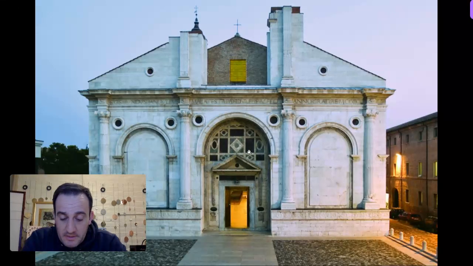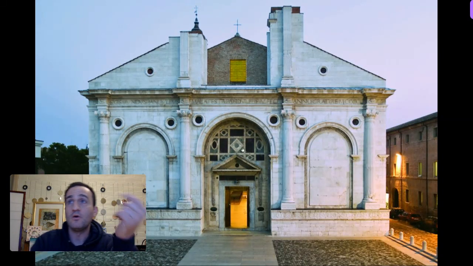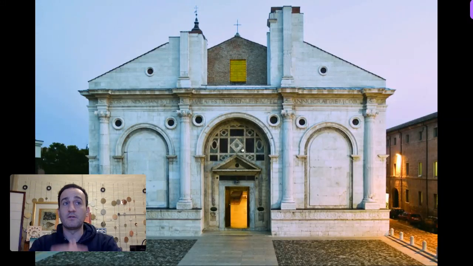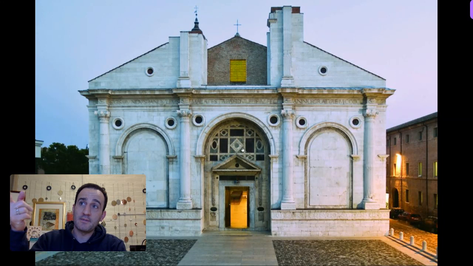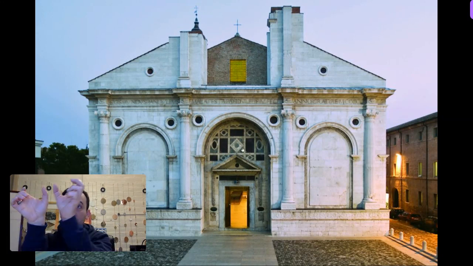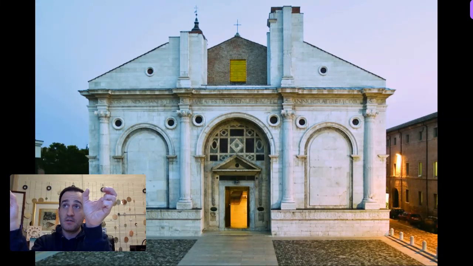The broken pediment is the splitting or separating of the triangular element that makes up the gable end of a roof structure, which ordinarily rests on top of the entablature. At Santa Maria Novella, we see a complete whole pediment resting on top of the entablature. Here at San Sebastiano, we see a broken pediment. We see that triangular piece sitting on top of the entablature having been split into two components.